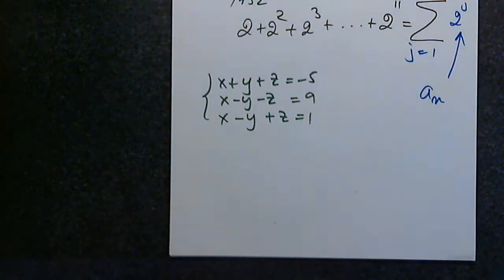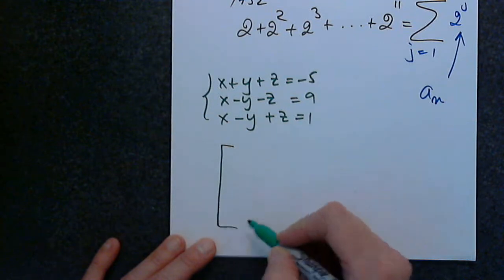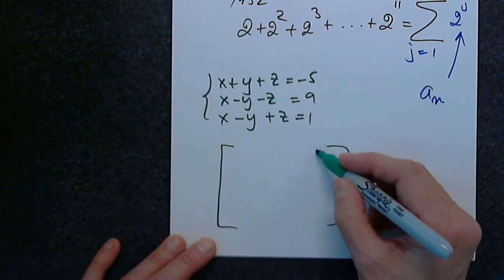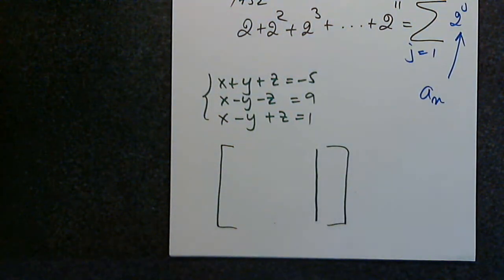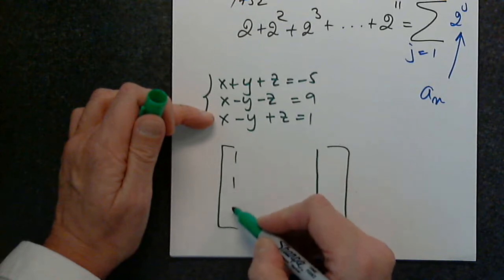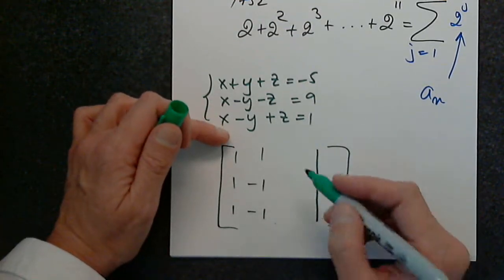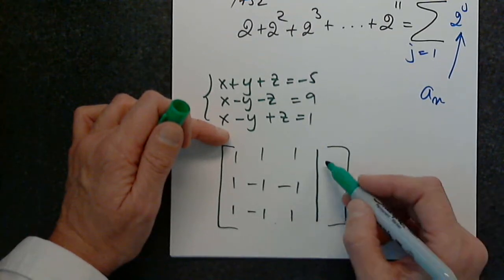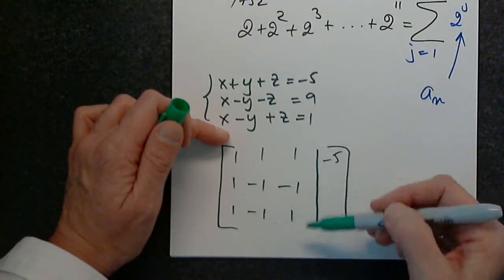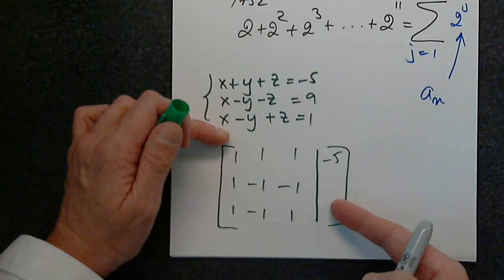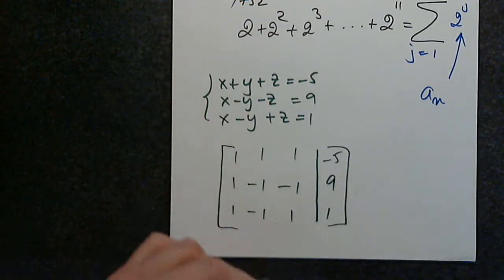The first x. Right. So first I have to write the augmented matrix. Without having the augmented matrix, I will not be able to get the method started. So the coefficients, 1, 1, 1 for x, 1, negative 1, negative 1 for y, and 1, negative 1, 1 for z, and the free terms after the vertical bar that really represents the equal symbols, and 9, 1.